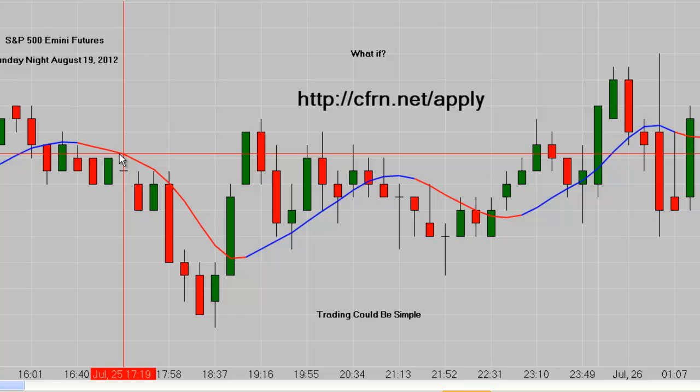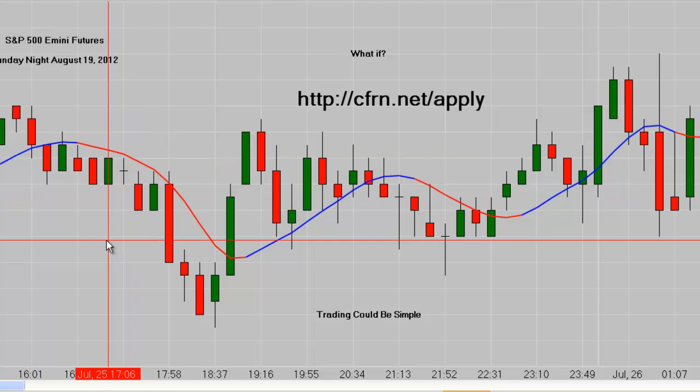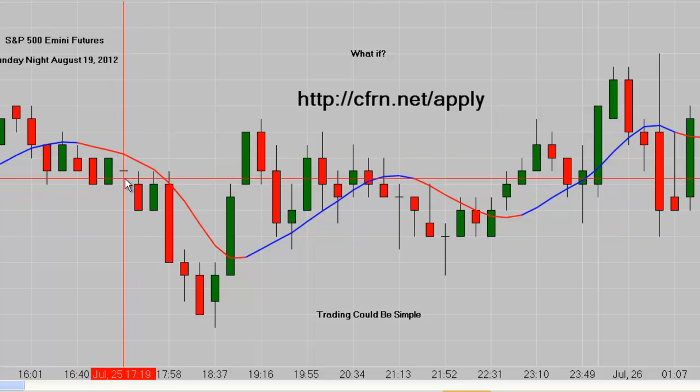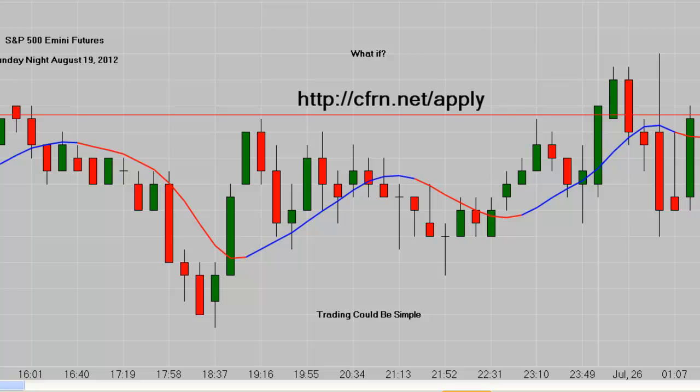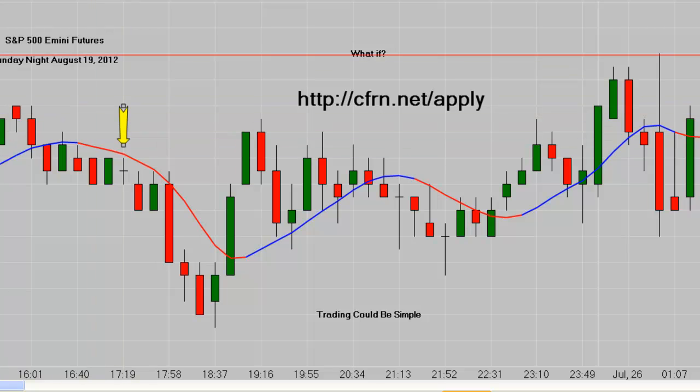You can't sell 1334.58. You have to round that down to 1334.50. We trade market if touched, MIT. The high of this candle is 1334.50. So the order would have filled to go short at 1334.50.